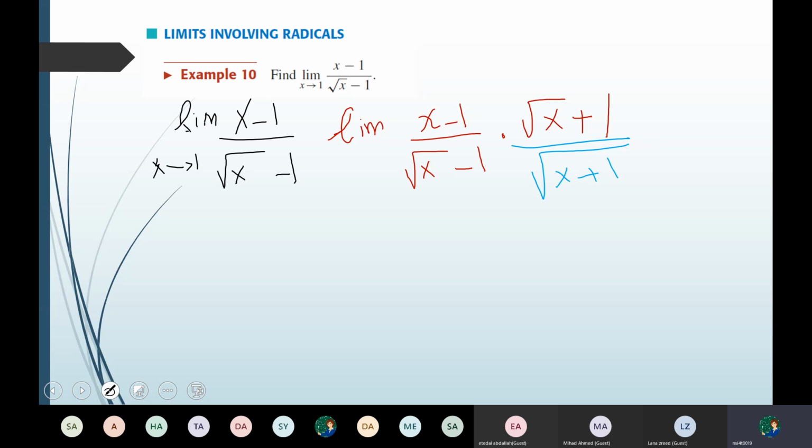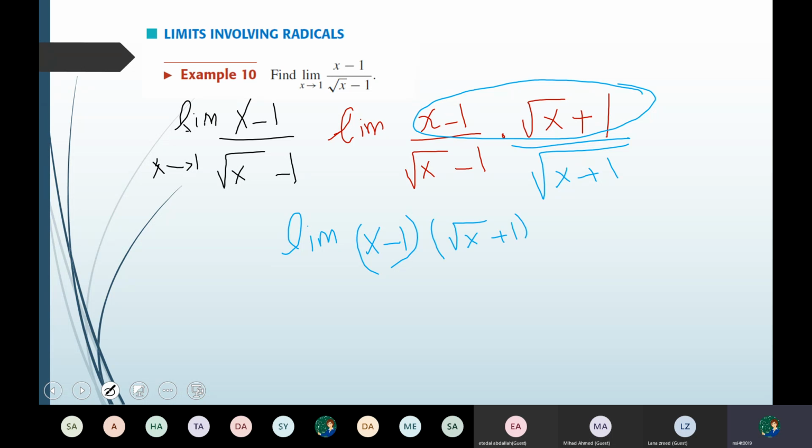Now let's multiply the numerator: it's x minus 1 times square root of x plus 1, over square root of x minus 1 times square root of x plus 1.